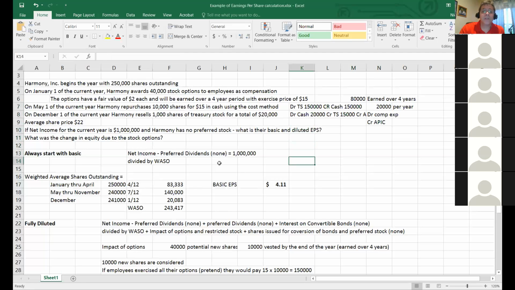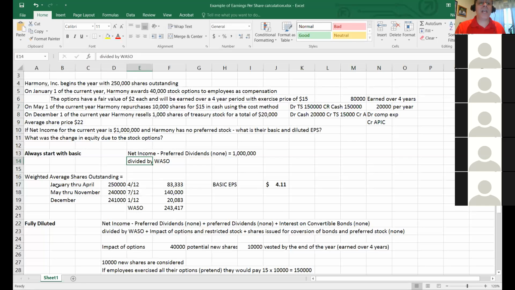Okay. So we know that our net income is $1 million given to us. Nice round number. Okay. We know there's no preferred dividends. So the top number in our calculation of EPS is $1 million. And now we have to calculate our weighted average shares outstanding. So we go up here and we know that there are 250,000 shares outstanding when we started.